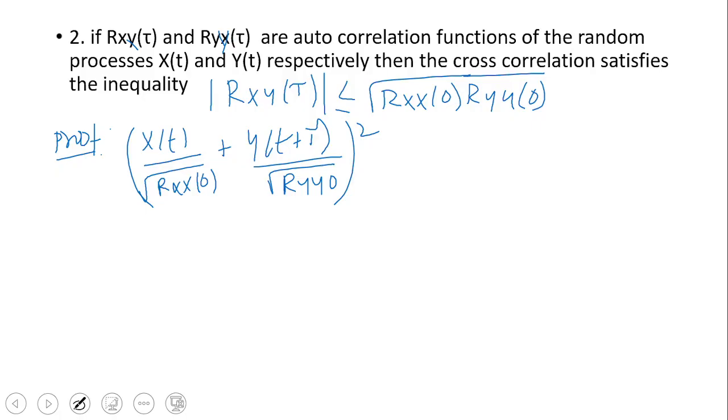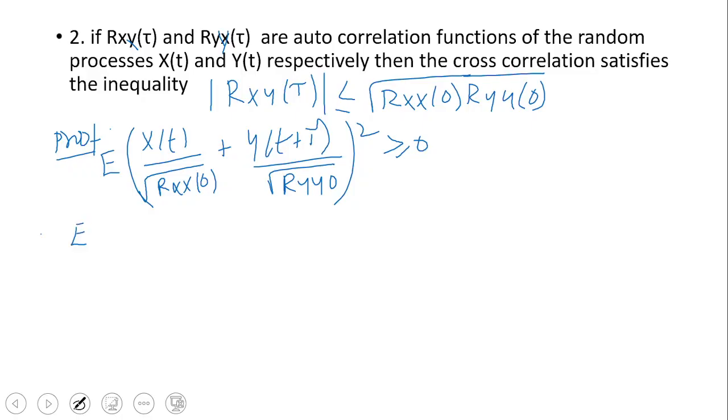This is looking like a plus b whole square, and a plus b whole square is always greater than or equal to 0. Now apply the expectation on both sides. So the expectation of this is also greater than or equal to 0. Now you expand by using the a plus b whole square form.